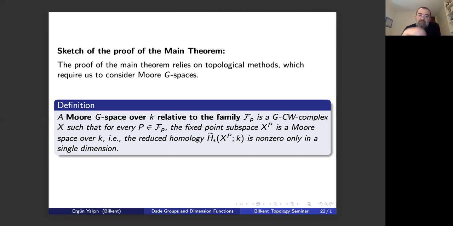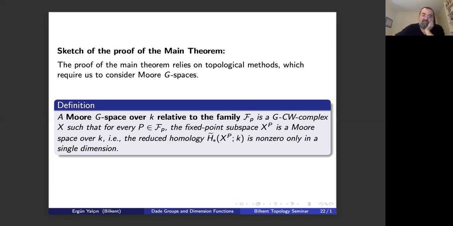Now there is a problem called the Steenrod problem. Steenrod asks this question: given a GCW complex whose homology is concentrated in one dimension, that gives you a KG module or ZG module M. Steenrod asks the reverse question: given a ZG module, can you find a GCW complex whose homology is exactly the given ZG module?